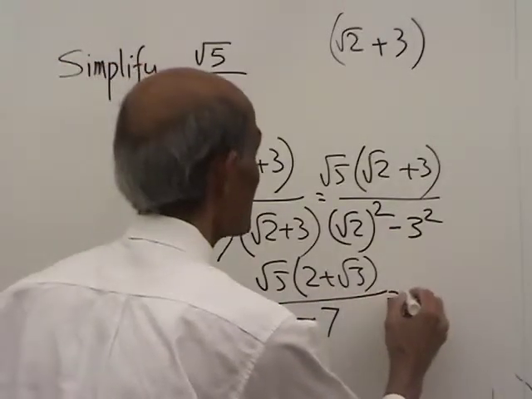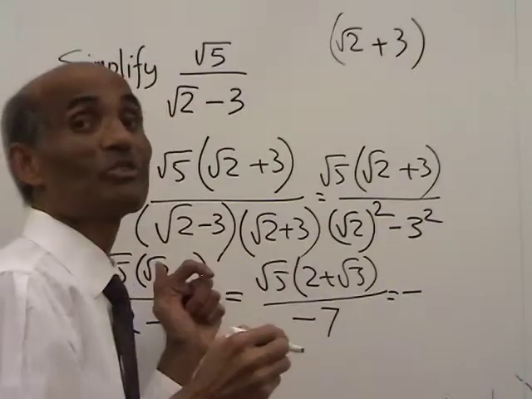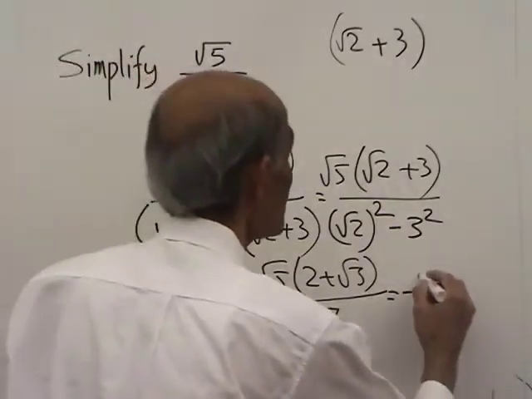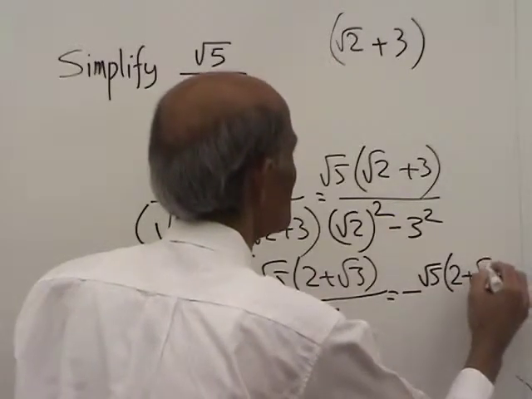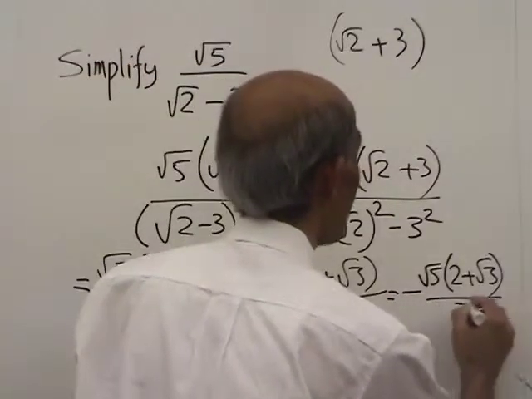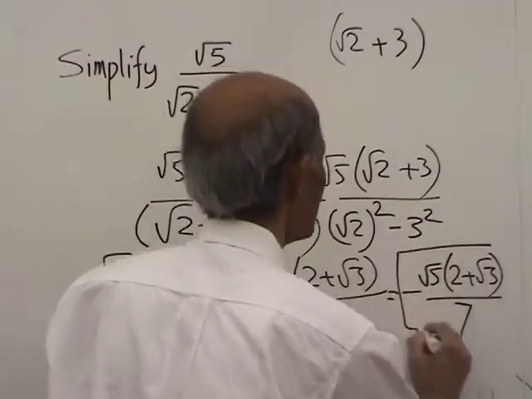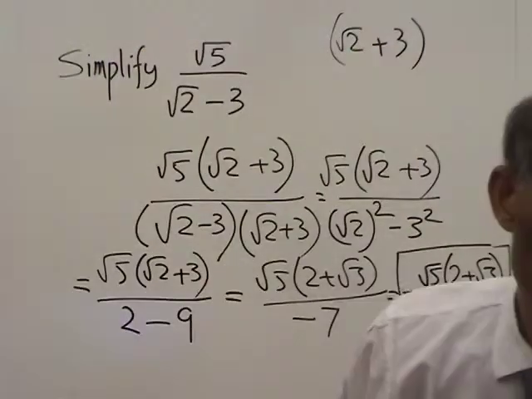And you can now write it as negative, the denominator is negative means the whole quantity is negative. Negative of square root 5 times square root 2 plus 3 all over 7, and that is the result. Okay.